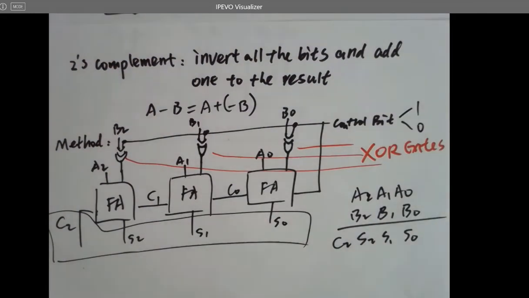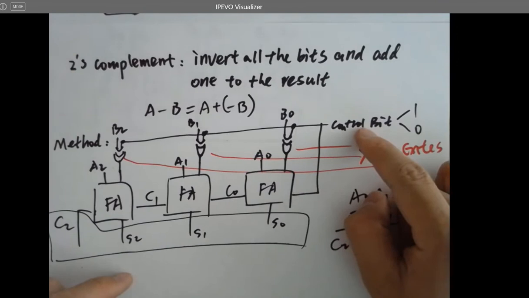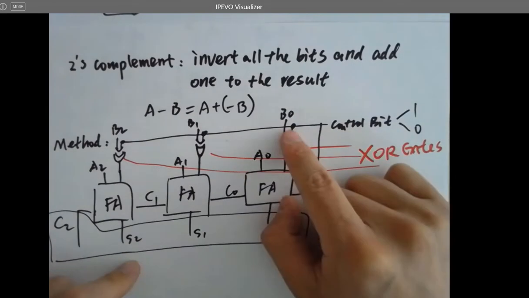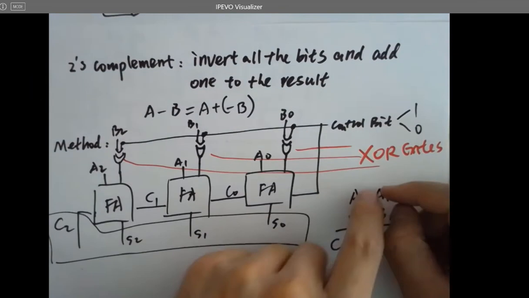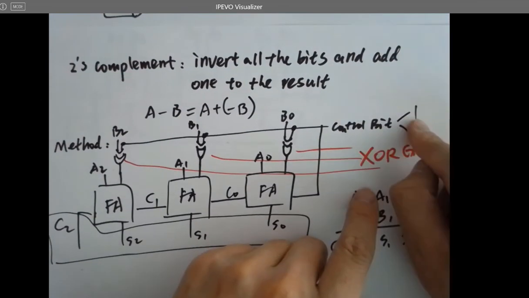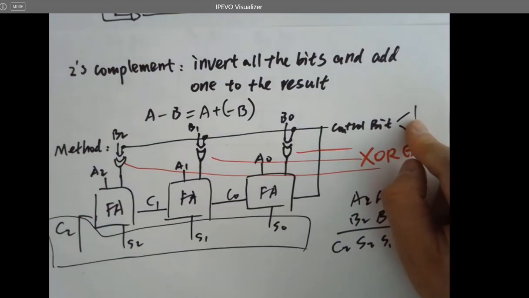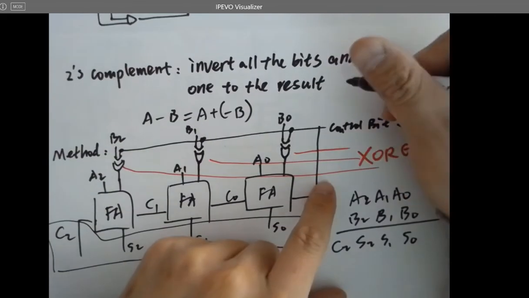And if you are feeding a 1 to this control bit, you are having all the B's XORed with 1. So 1 XOR B, what is the result? You have to think about what B is.